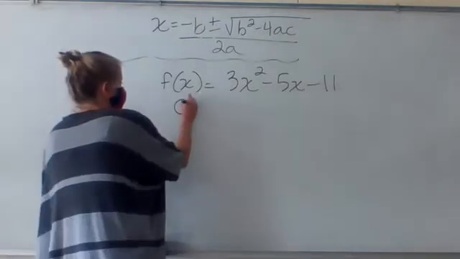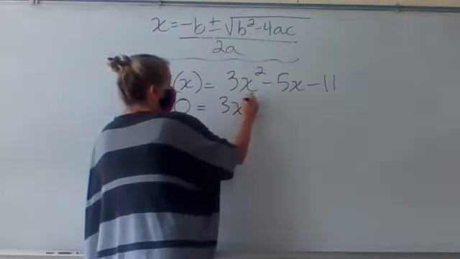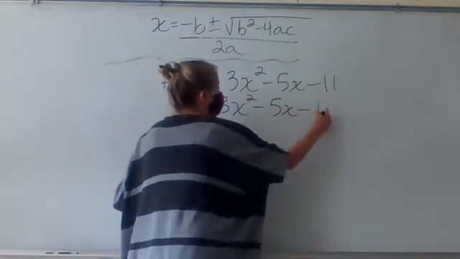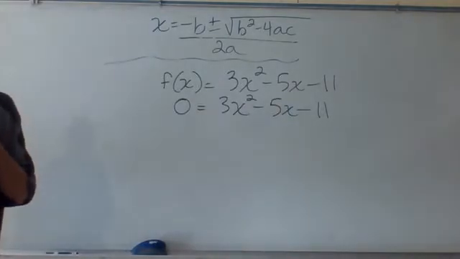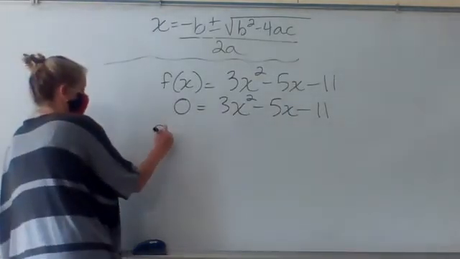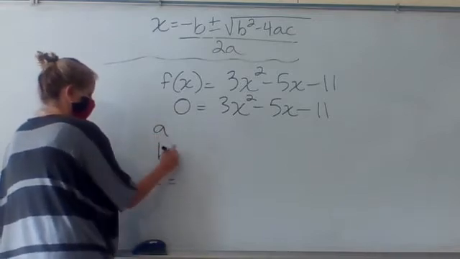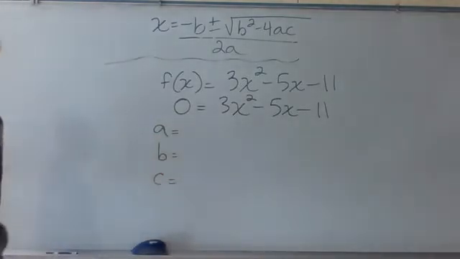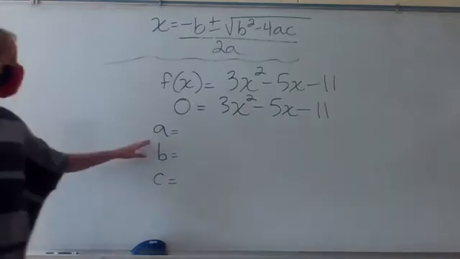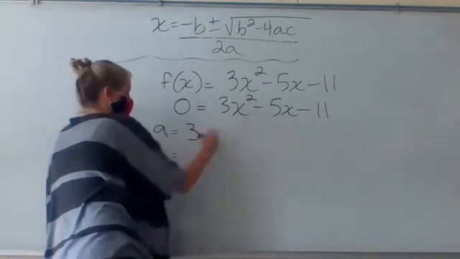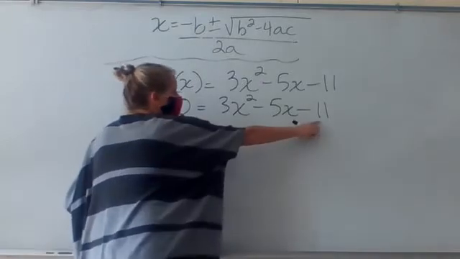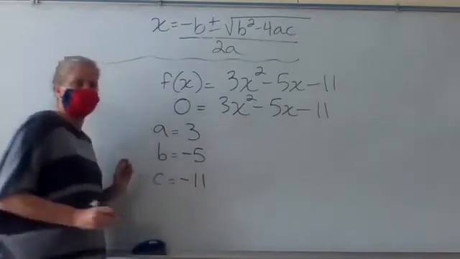So turn that side into 0 equals 3x squared minus 5x minus 11. Choose your A, B, and C. My A is in front of x squared, so that's 3. My B is in front of x, which is negative 5, and C is my constant, which is negative 11.